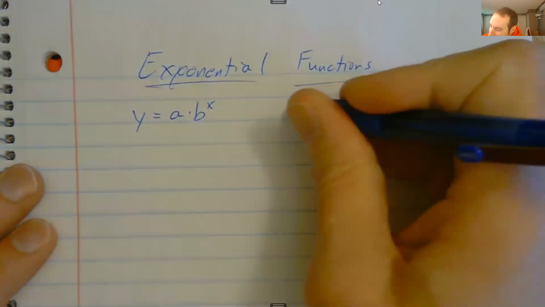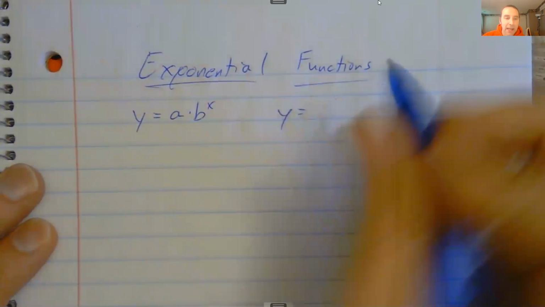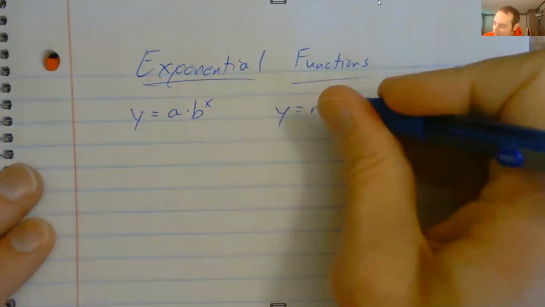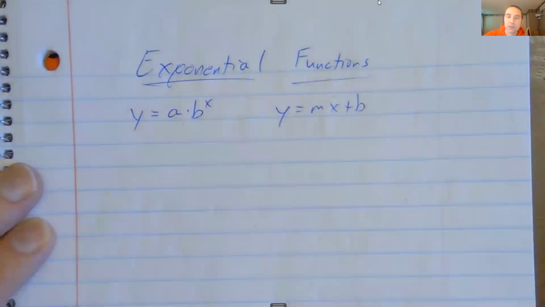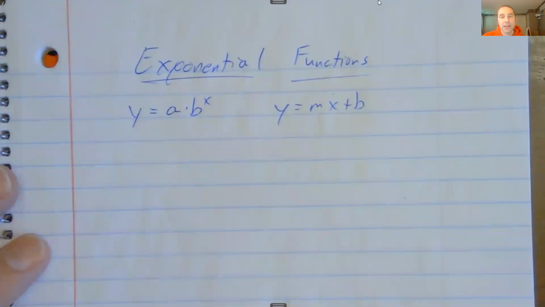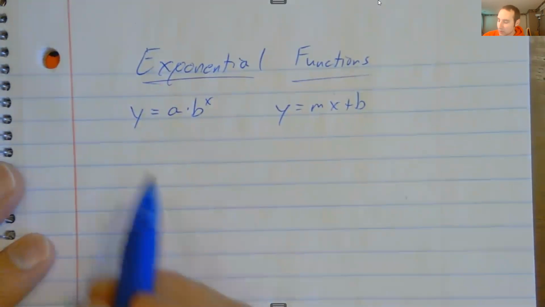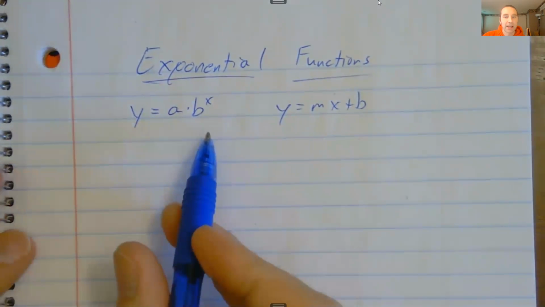And I want to make just some quick connections between an exponential function, y equals a times b to the x, and then our standard slope-intercept linear equation, y equals mx plus b. Unfortunately, just the way that our book writes things out, our book uses a times b to the x.